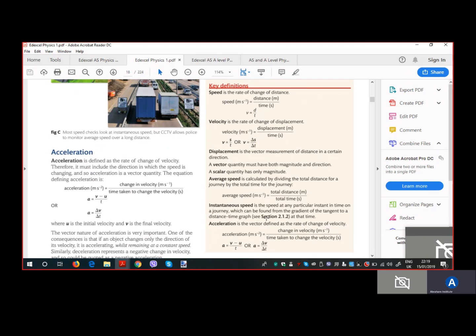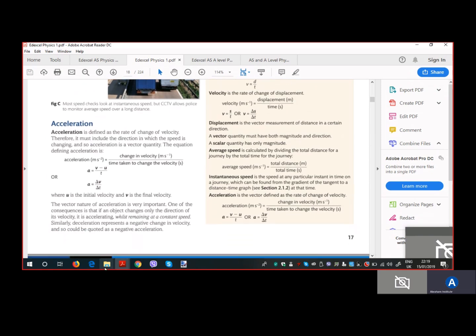Fifth, the area under a velocity time graph is the displacement. And the sixth is the area under a speed time graph is the distance. You should know those six points. Is that clear? Because they test you again and again. I think even that past paper question was based on that.